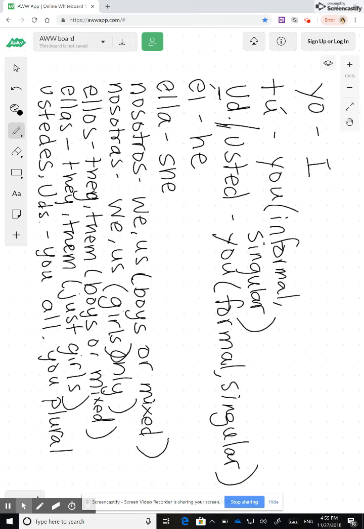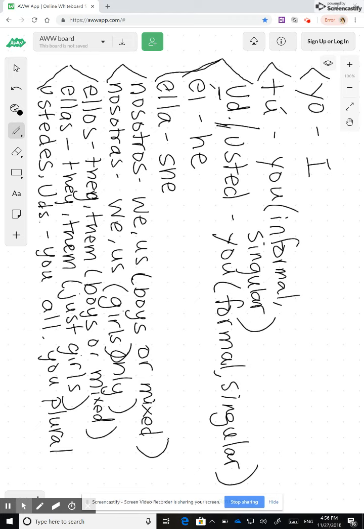We're going to talk about grouping them as well. The yo is by itself. The tú is by itself. And we're going to group, even though they all have different meanings, usted, él, and ella, those are going to be grouped together. We have nosotros and nosotras. And we have ellos, ellas, and ustedes that are all grouped together.